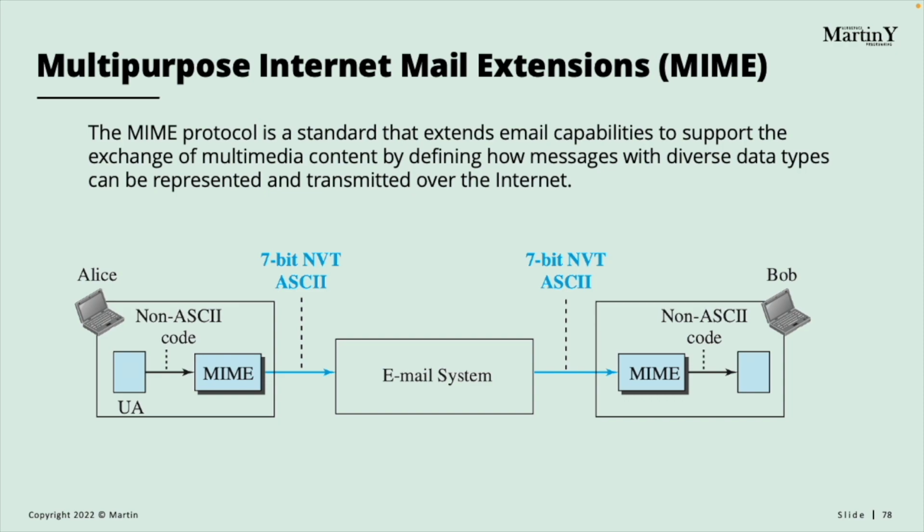So for that reason, we need some other type of protocol before transferring the message to the email system. For that reason, we use the MIME protocol. The MIME protocol converts the non-ASCII code, like different languages, even graphics, into the ASCII language.